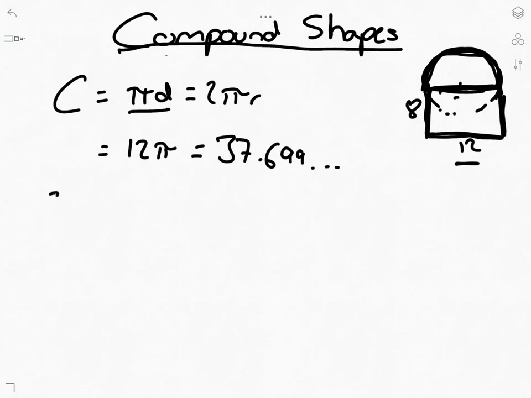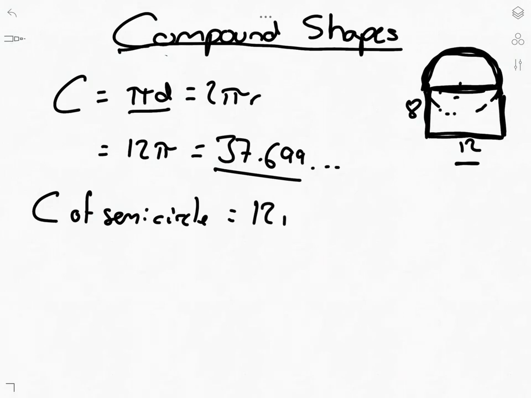For the semicircle, it's half a circle, so we just need half of that. So circumference of semicircle equals, well, I'm not going to do this one. I'm just going to do 12 pi divided by 2, 6 pi. So you can just put the answer in, or you can do it in terms of pi and then get your answer, which is 18.8490.